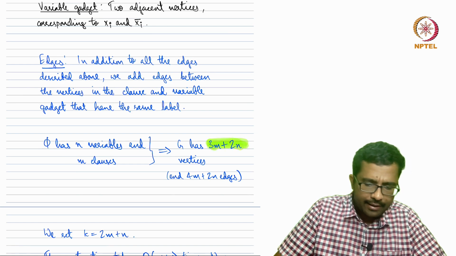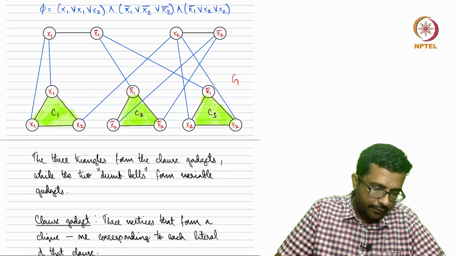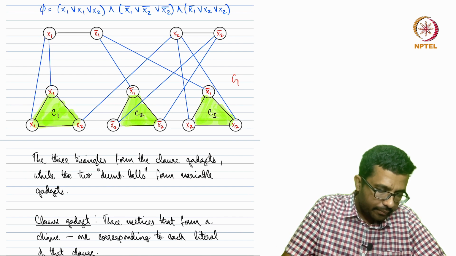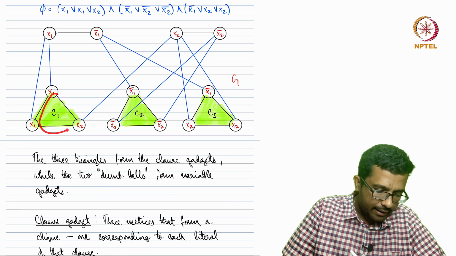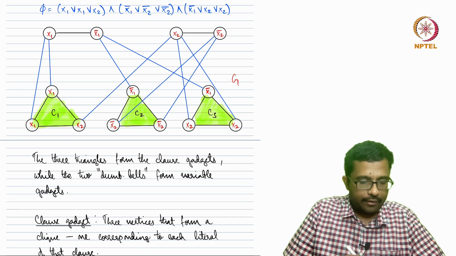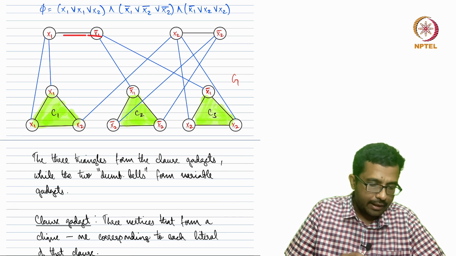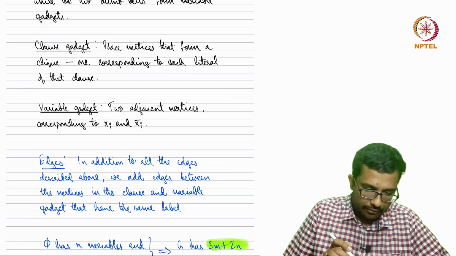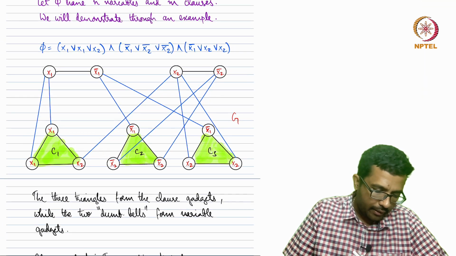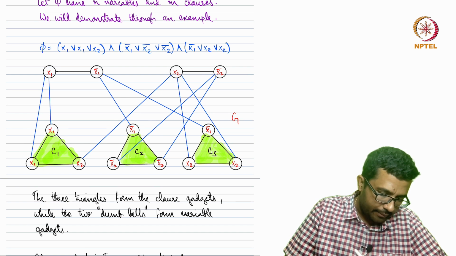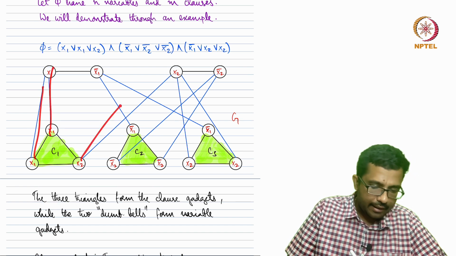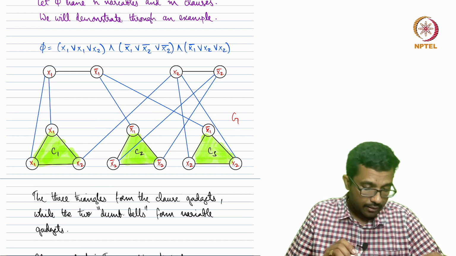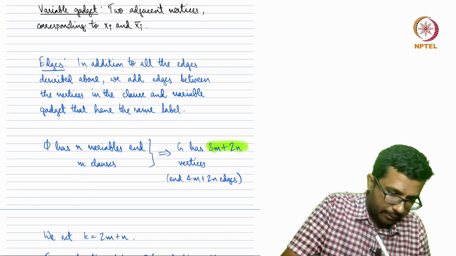The total number of edges is also not very different. Each clause gadget contains 3 edges. Each variable gadget contains 1 edge. So 3m plus n edges, and then further there are again 3m edges. I think I made an error here.